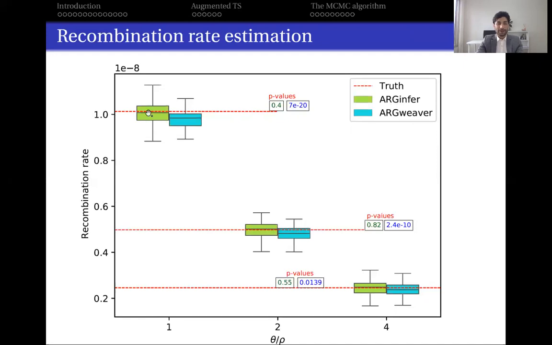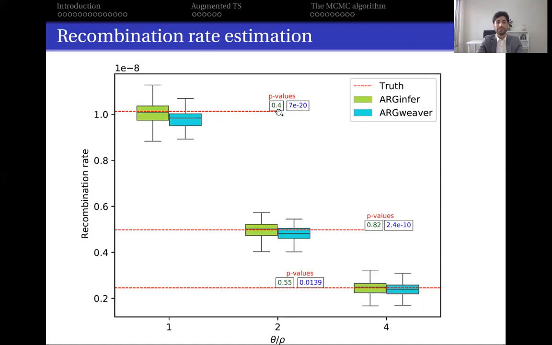We see that ARGinfer can infer the recombination rate with high accuracy. The mean is exactly around the true value. On the other hand, ARGweaver underestimates the recombination rate, and its mean is significantly different from the true value.